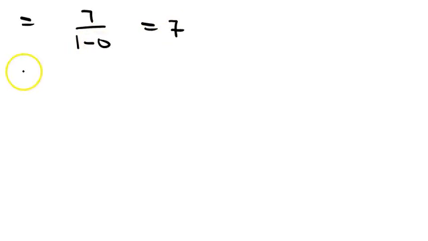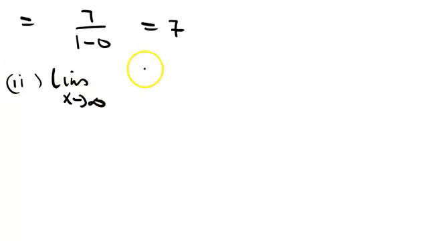Okay, let's look at the second question. The limit as x tends to infinity of x over x squared minus 1. So the rule is, let's go through the variables. You select the one with the highest power, and in this case it is x squared. So we are going to divide both the numerator and the denominator by x squared.